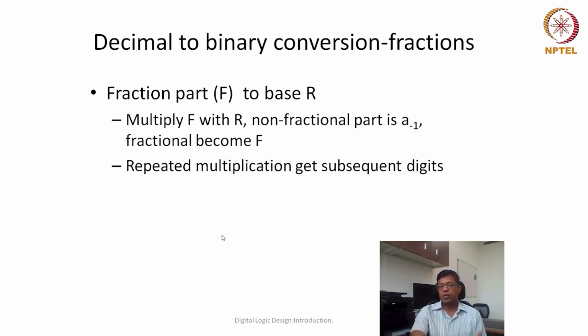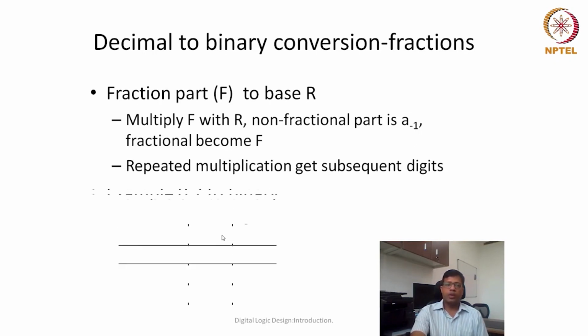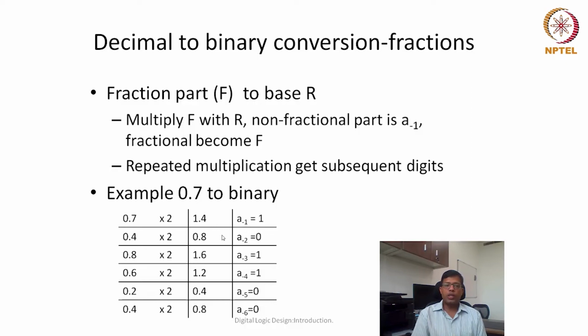Because we would like to convert a decimal number into a binary number, our base would be 2. Let's say we want to convert 0.7, represented in decimal, to binary. First, 0.7 is multiplied by 2, and we get 1.4.